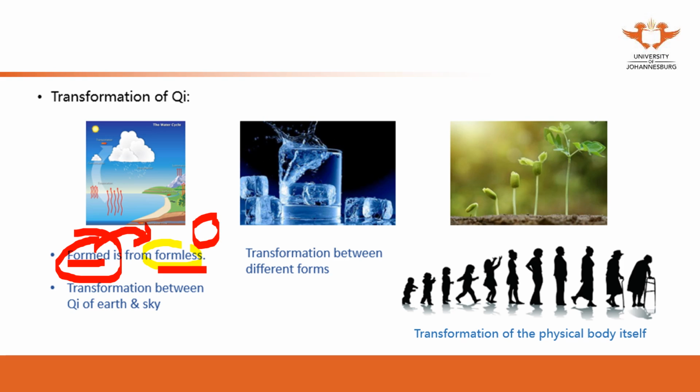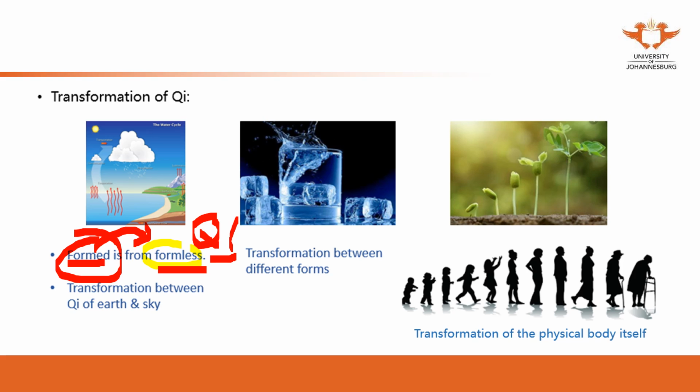Formless is qi, because qi is an invisible, constantly moving, extremely fine substance we cannot see. So in treating a bleeding patient, we need to tonify the blood, and in the meantime, we need to tonify the qi. That's how we treat the bleeding.